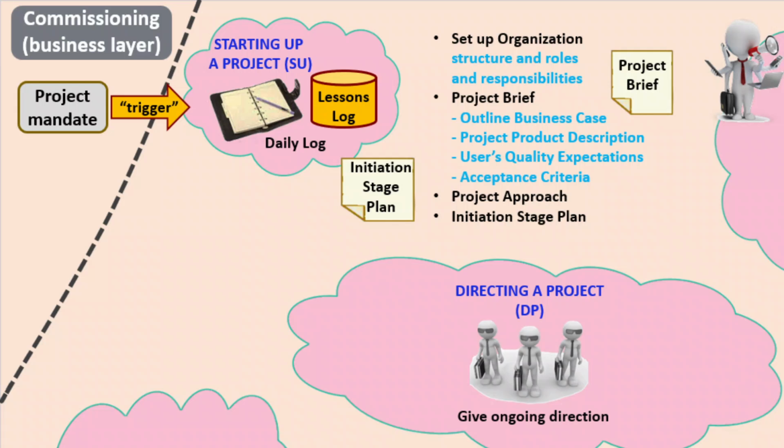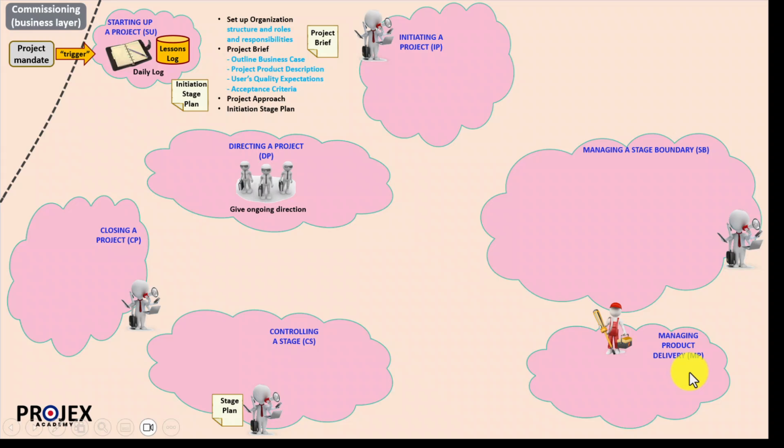But management stages after that will be about creating the specialist products, and they're made down here in the managing product delivery process. Here's our team manager waiting to receive the first work package, as you'll learn later. But the point I'm making here, there may be several delivery stages, but at least one delivery stage. So every PRINCE2 project has at least two stages, the initiation stage plus one delivery stage.